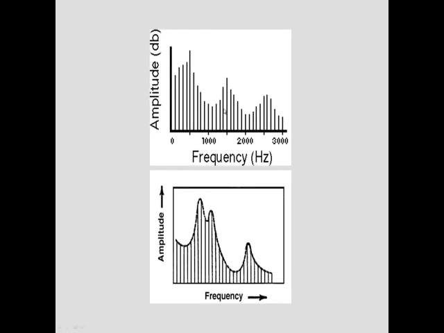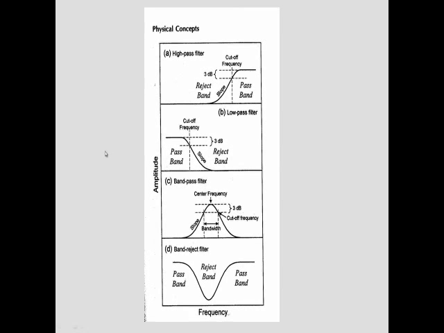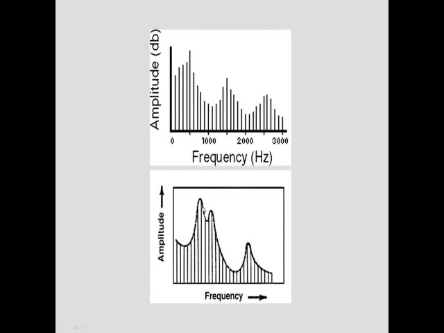These peaks are formed by vocal tract resonances, which by now you should know as formants. And so here's just another way to picture the different kinds of filters that I showed you earlier. But recognize that each one of these little peaks is kind of similar to one like this, right?